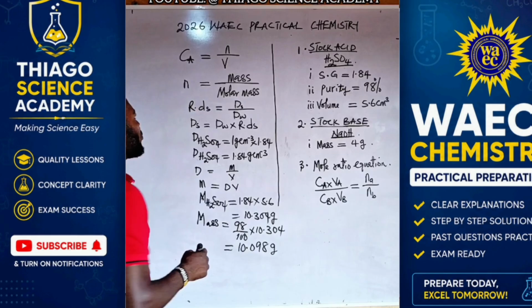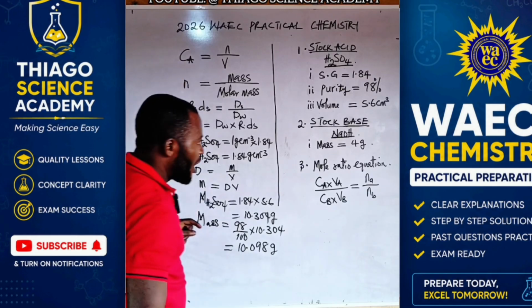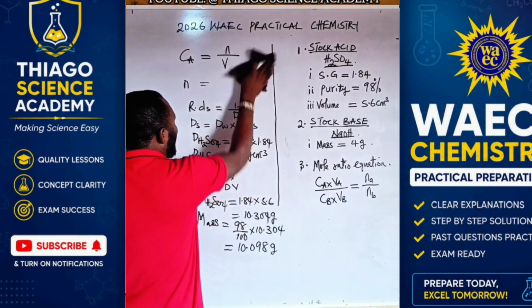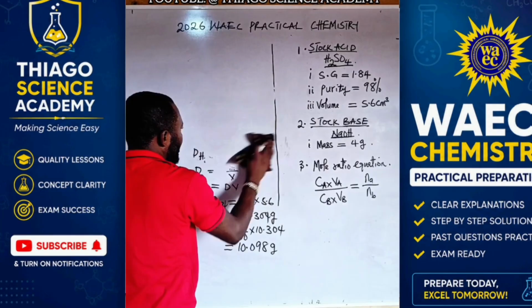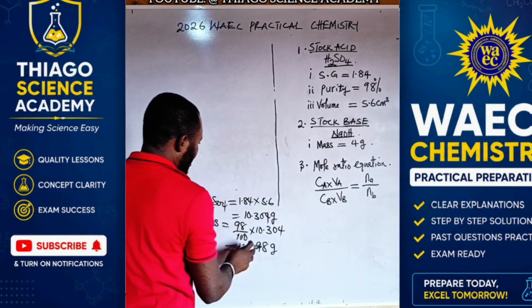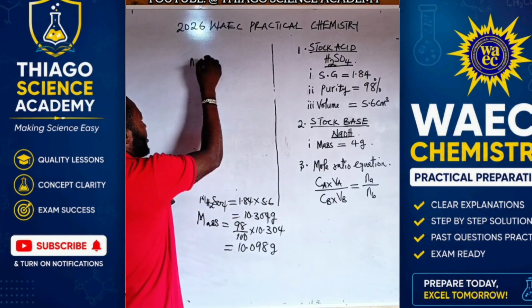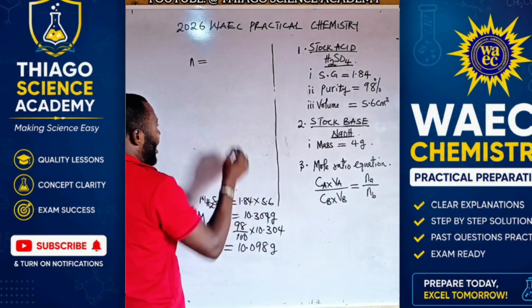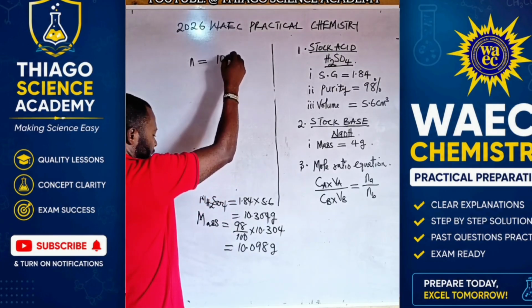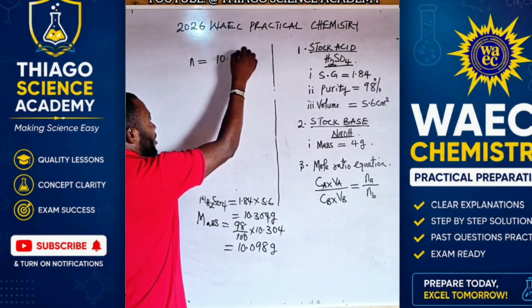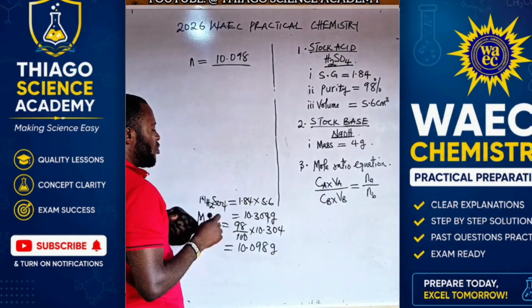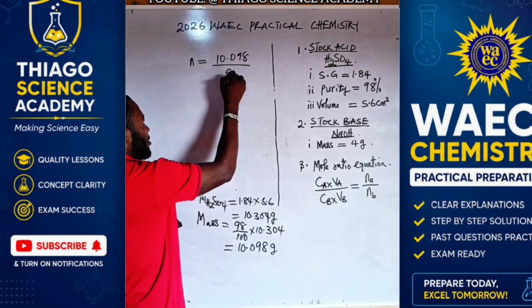So how do we now calculate the n? By dividing the pure mass. So n here is equal to the pure mass, 10.098, divided by the molar mass. Molar mass of H2SO4 is 98.